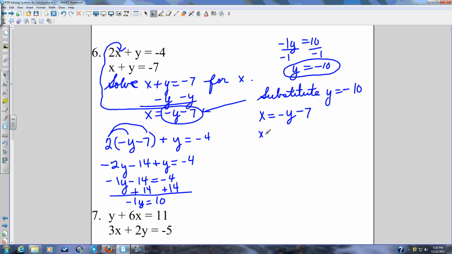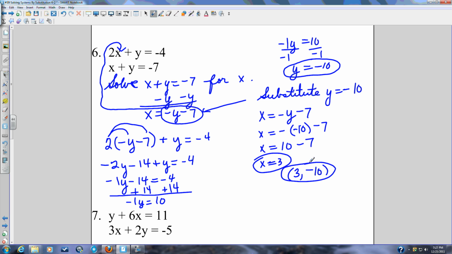So we're going to have x equals negative, and then we're going to plug in -10 minus 7. Well, -(-10) gives you +10 minus 7. So x is 3. And so our ordered pair turns out to be 3, -10. I'd like you to look at number 7 on your own and at least get started on that one, trying to solve.